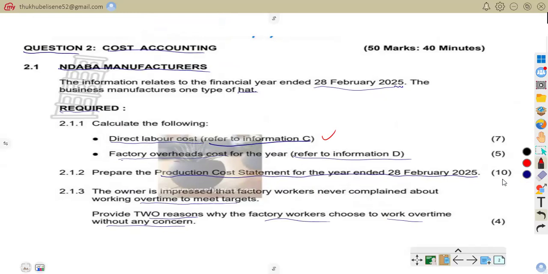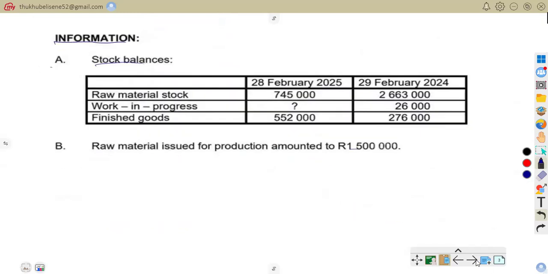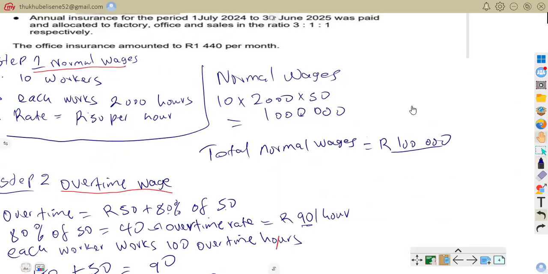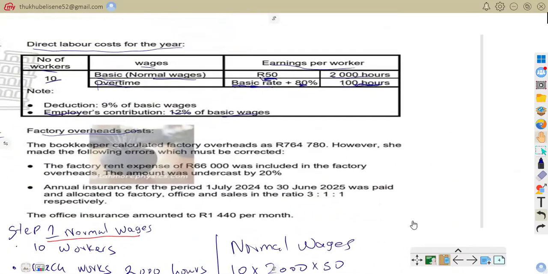Now we are on to factory overhead cost for the year, and we are told to refer to information D. So let us go to information D.